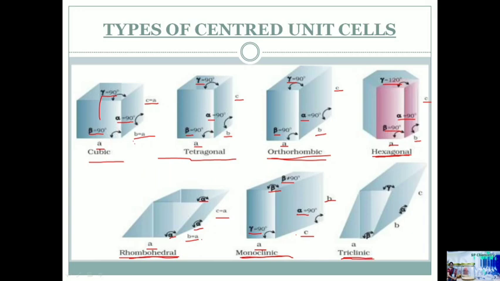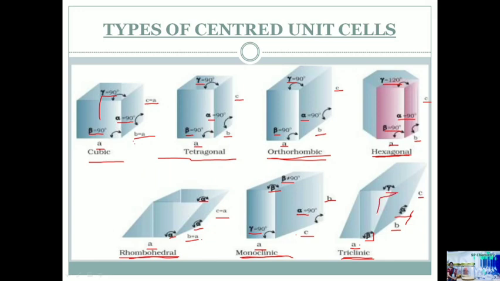Then at the end, triclinic crystal system. Triclinic has only one variation, that is primitive, and the edge lengths you can see here, A is not equal to B and is not equal to C. And alpha is not equal to beta and is not equal to gamma and is not equal to 90 degrees also.